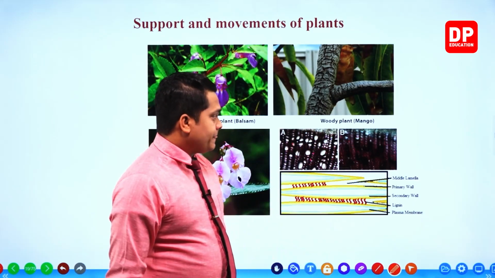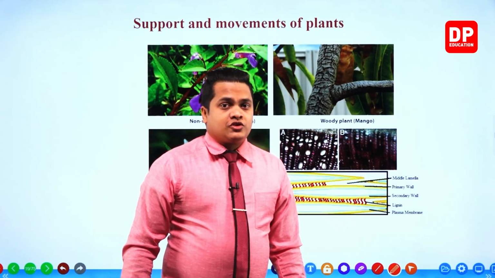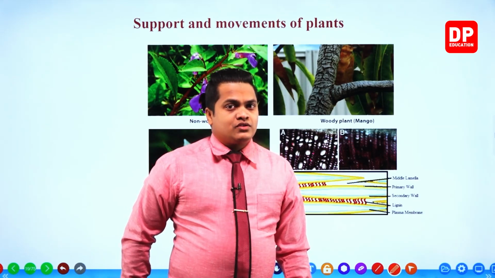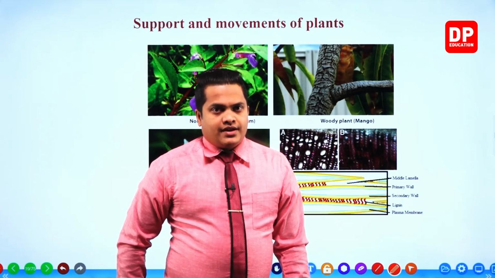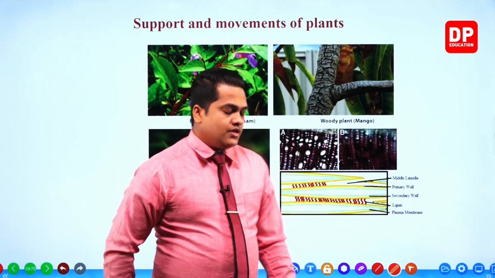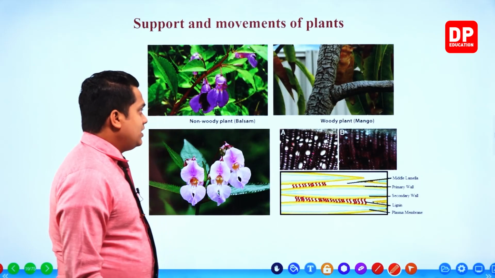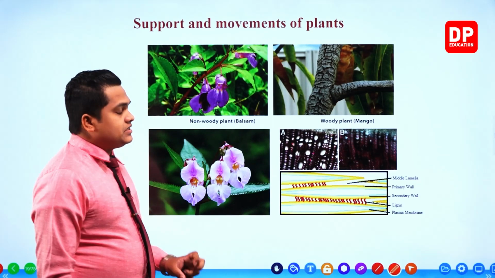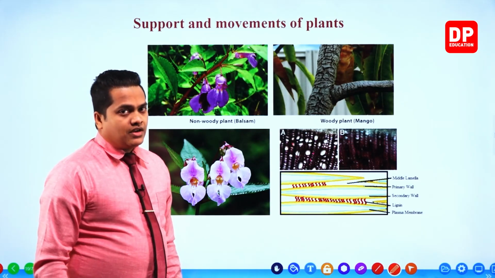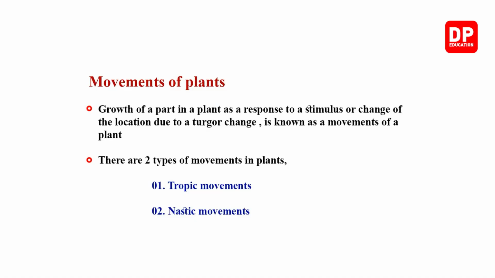Special lignin and cellulose fibers help to keep a woody plant erect and strong. So this is about the rigidity of woody plants and the non-woody plants, my dear children.